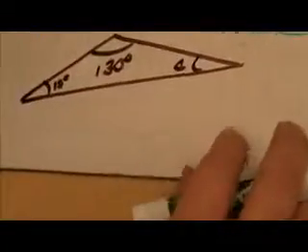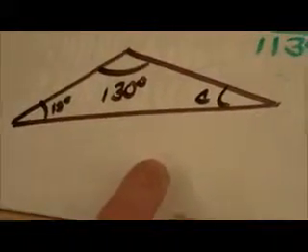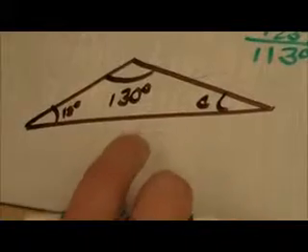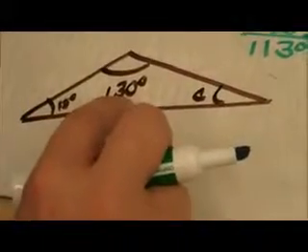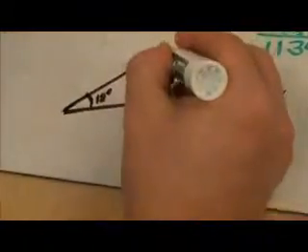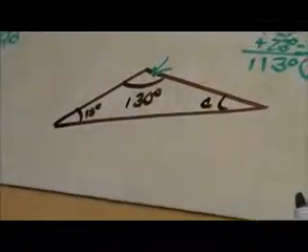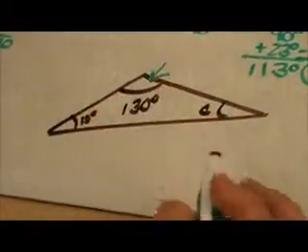Moving on to my third one, I see that I have an obtuse triangle, probably a scalene triangle at this point. I see that I've got 18 degrees, 130 degrees, and angle C. Now, that's going to be the hardest part, as I haven't dealt with an obtuse angle, but it's just the same as the other two.